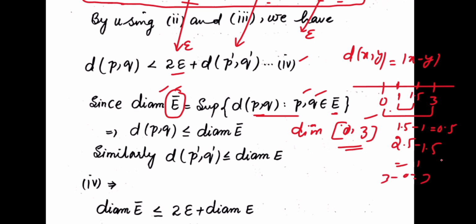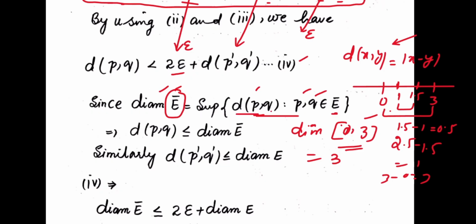So the diameter of this closed interval is given by 3. That is given by finding all the distances by using this metric. So in short, the diameter is given by the supremum of all distances.